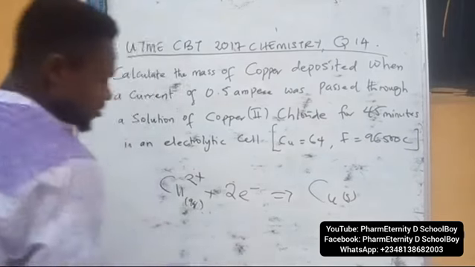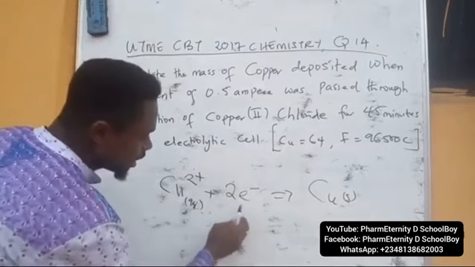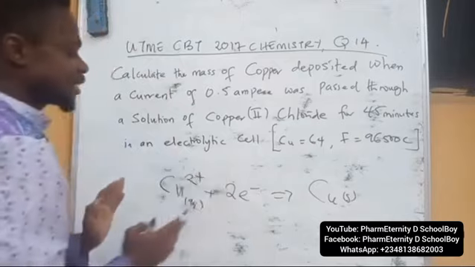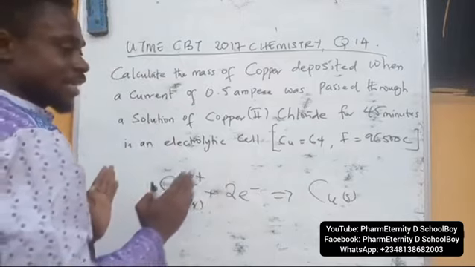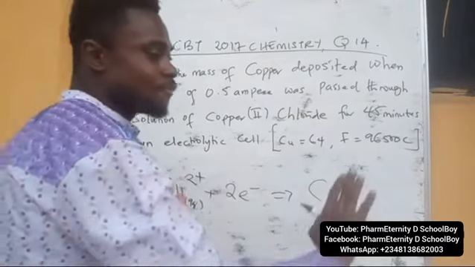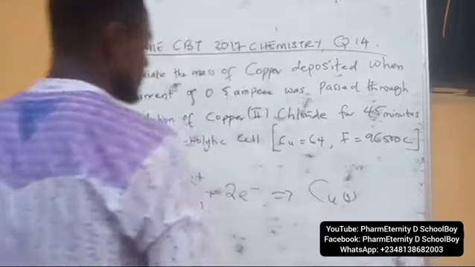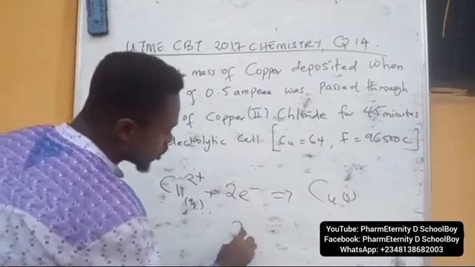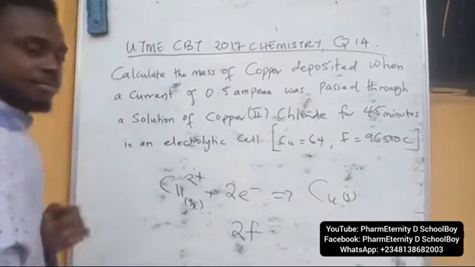Now, it has been established that 1 mole of electrons is the same thing as 1 Faraday. So here we have 2 electrons, which is the same thing as 2 Faraday.